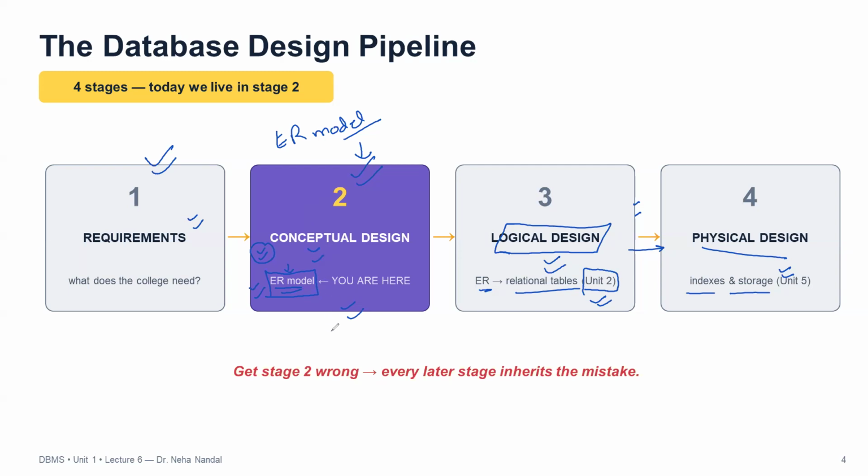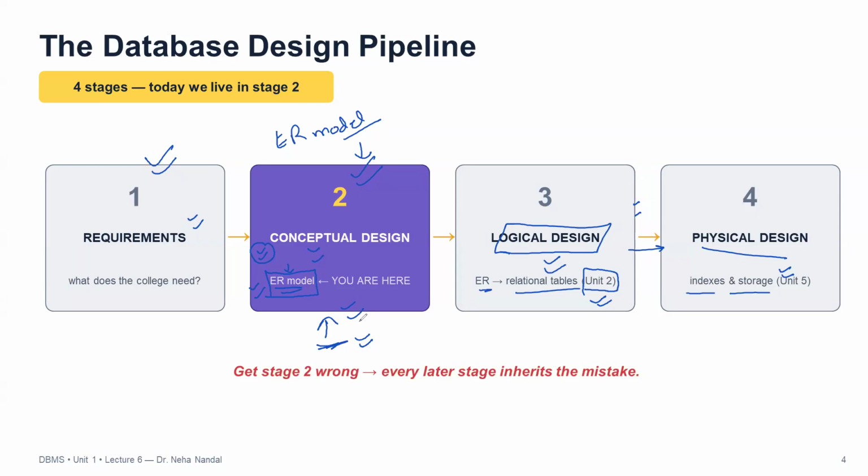Here, this stage two matters a lot. Why so? Because if our blueprint is wrong, then every later stage will have the mistakes that we made in the blueprint. Finally, we will have a bad design, and finally, we will have a bad database that will crash one day.